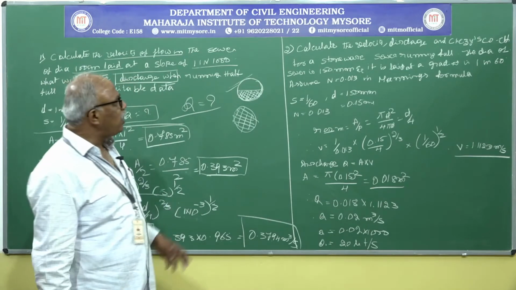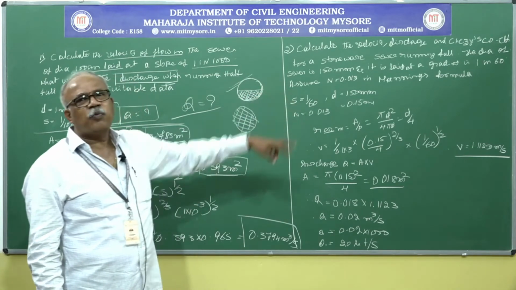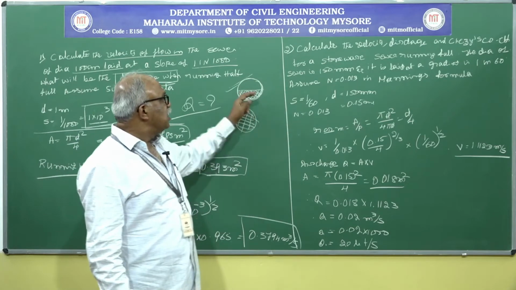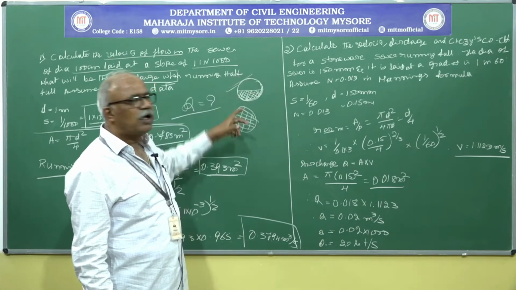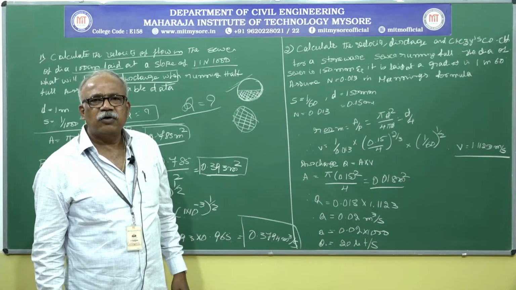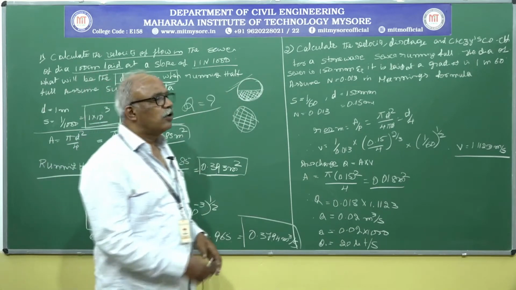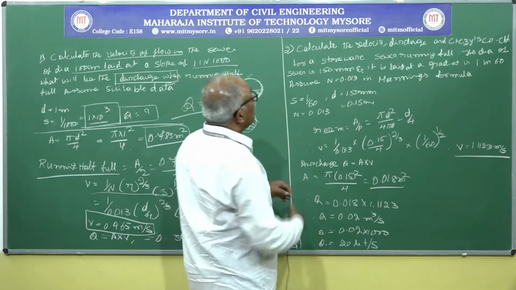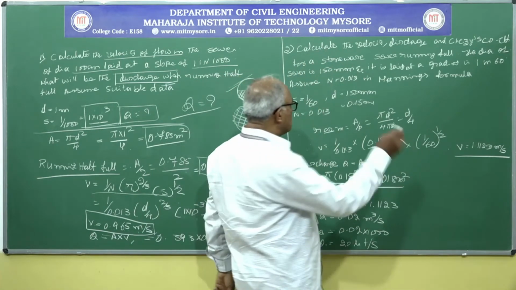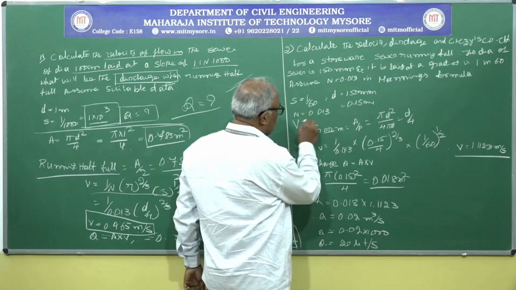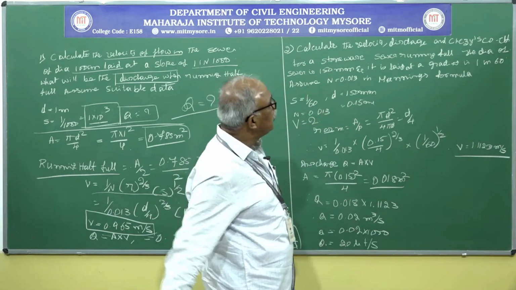Okay, and at the same time, I am going to take one more problem. That is, instead of half full, in this problem the wastewater will be flowing in the full area of the conduit. Okay, let's see. Calculate the velocity V according to this problem.